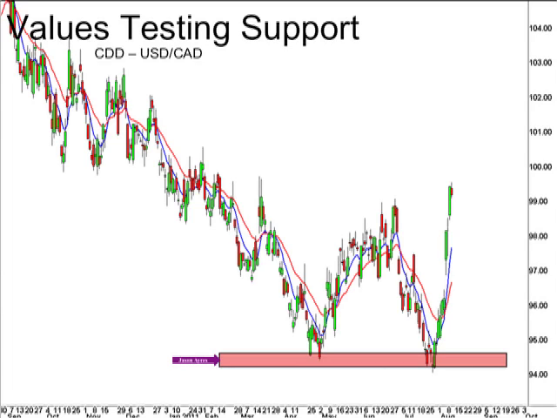So here we actually have the chart of the CDD, and this is a reflection of the pair testing the support level. Now, right at this point, we actually finally tested par for the U.S. dollar versus the Canadian dollar, and that's actually been reflected in the price chart. With a little bit of a pullback, but we're actually right back up in this zone as of today.